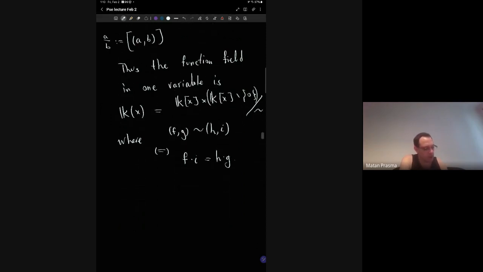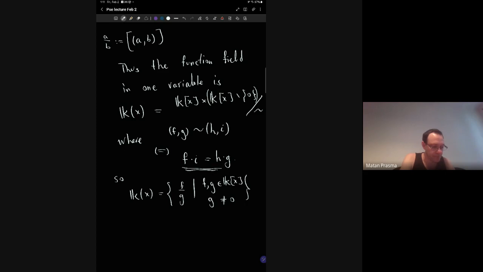Okay, and we denote, so in other words, the function field in one variable is simply the set of quotients f divided by g, such that f and g are polynomials in one variable over K, and g is non-zero. And of course, the implicit relation is the one coming from the equivalence relation here.